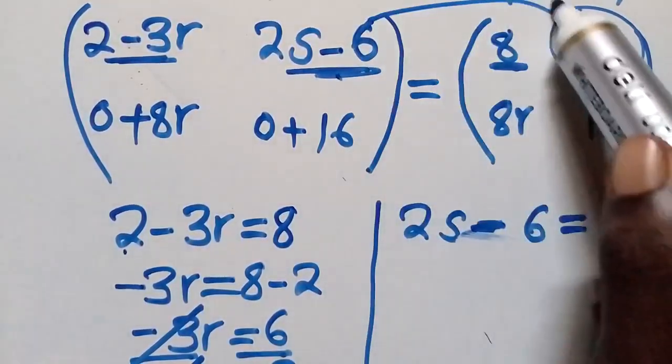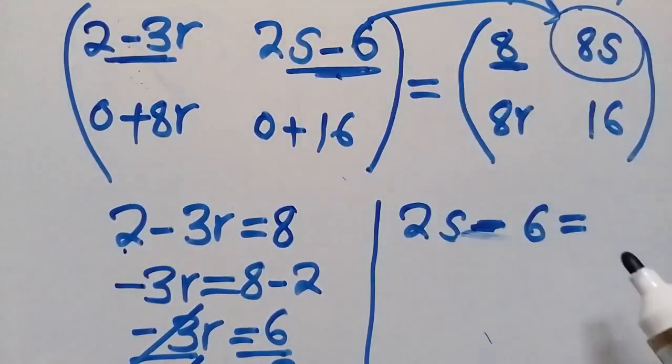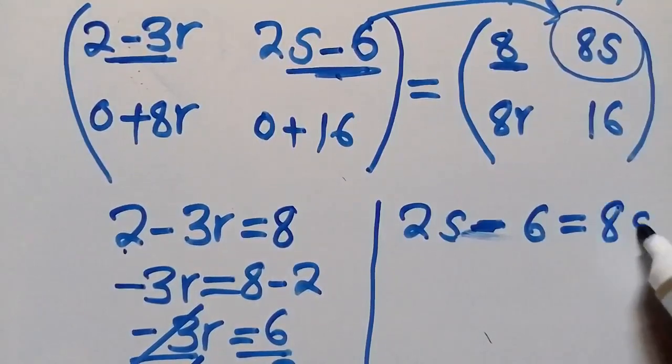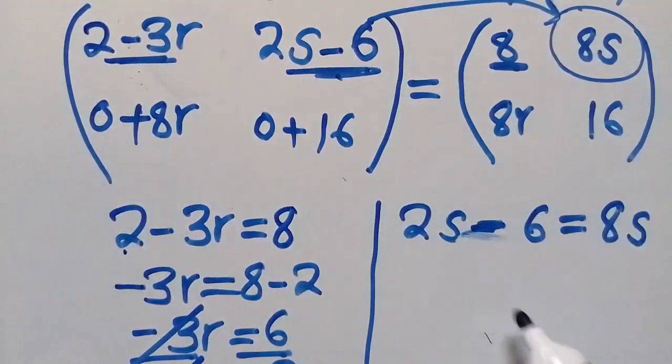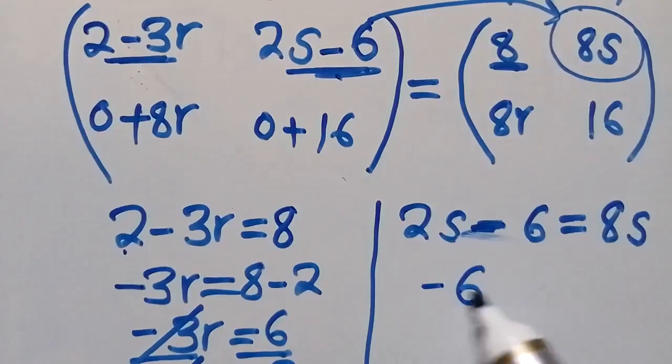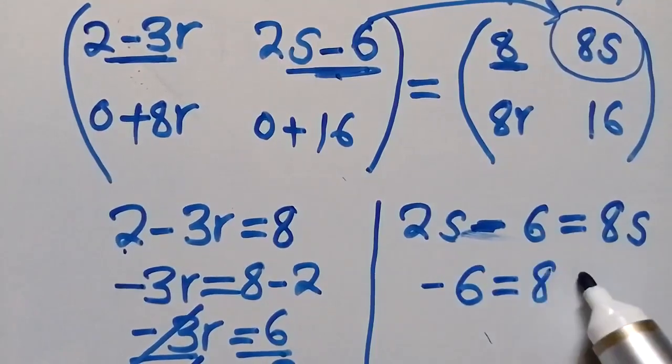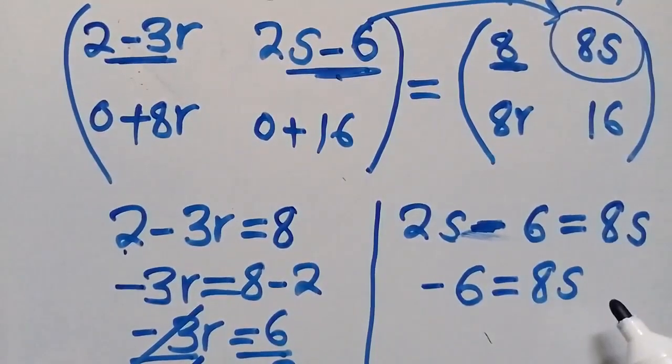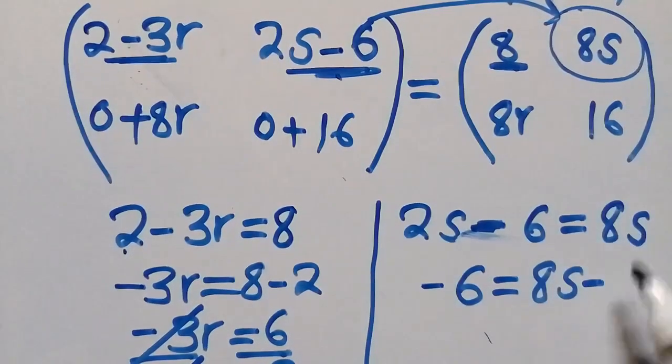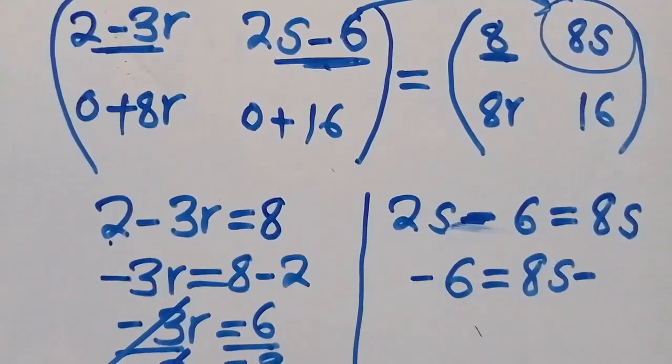So this one is going to that one. Equal sign. 8s. This is what I'm having. Here now, what am I supposed to do? I group the like terms. So this one will go that other side. I'm going to have negative 6 is equal to 8s. Then minus, since it is going this other side, the sign will change.